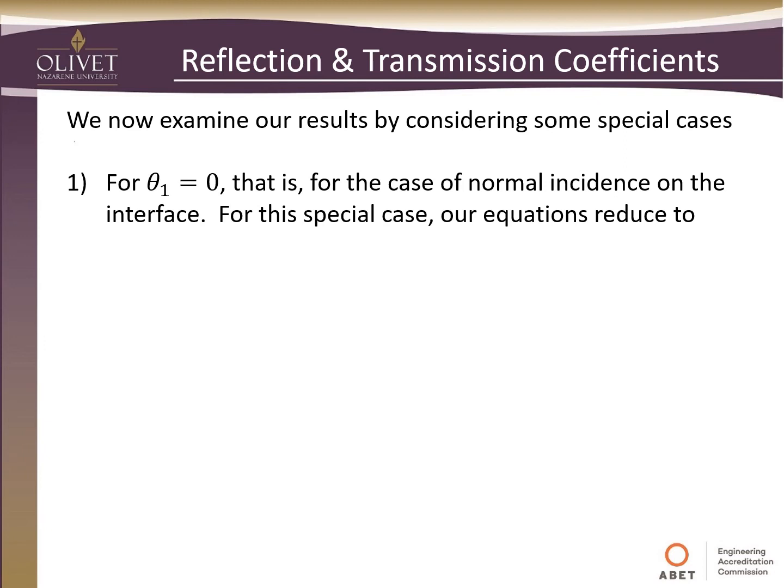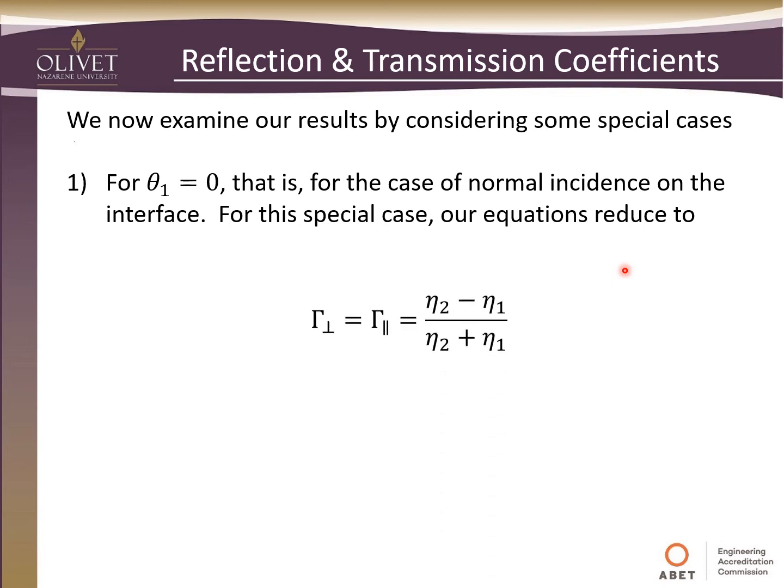Now that we have these definitions, I want us to take a look at some special cases to help us understand some different things that are going on here. For the first one, we want to look at the condition where theta 1 is equal to 0. This takes us all the way back to where we originally defined our boundary condition, where the incident wave is normal to the interface.